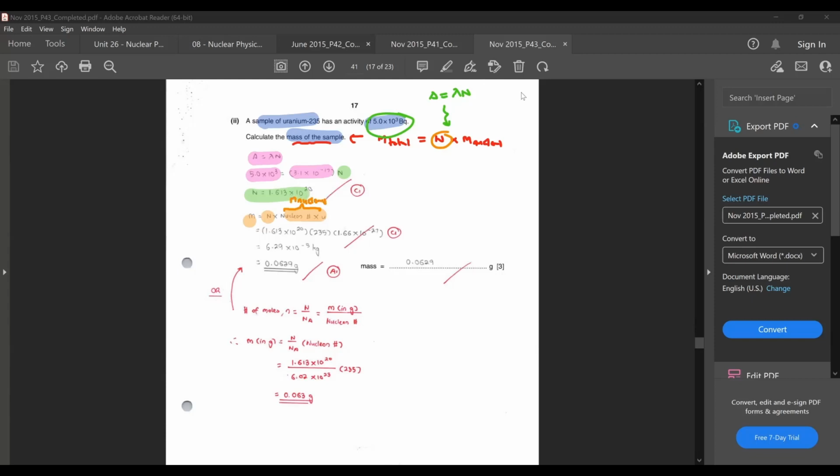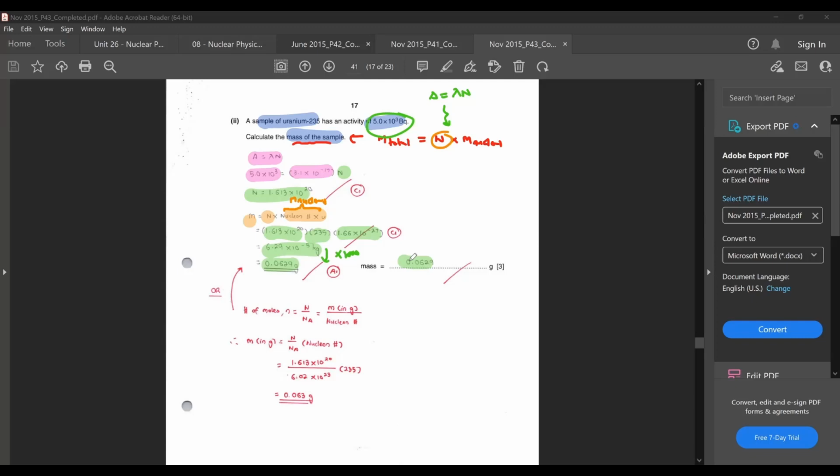Sum everything in, and you will eventually get 6.29 times 10 power minus 5 kg. Change to grams by multiplying 1,000, and you will get 0.0629 grams. This will be your final answer.